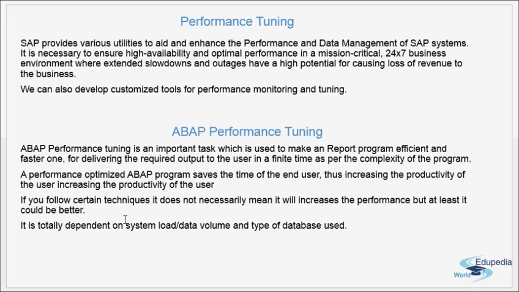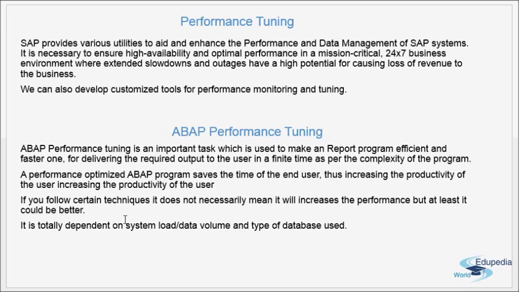They have customized those tools for their business. Similarly, others like Wily, which was provided by CA earlier. So apart from the tools which SAP directly provides, we have other tools also developed by third-party vendors for effective performance monitoring and tuning.